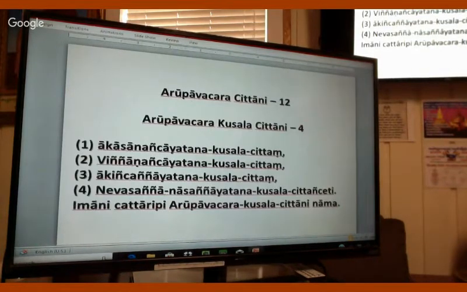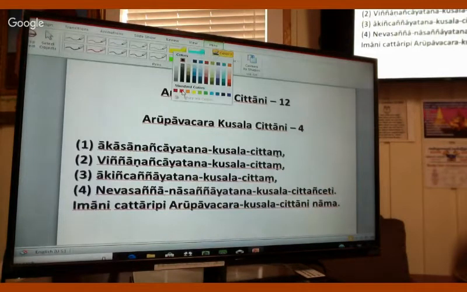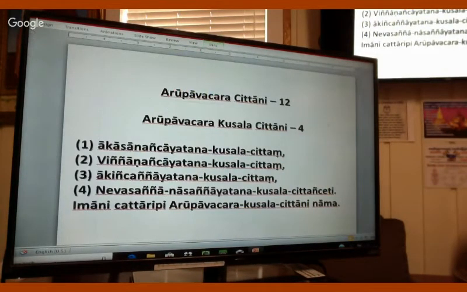So first we need to remember the names of the Arupavachara Chitta. The names are very long and difficult, because the Pali puts the object and other things together, so the name is too long. The first Arupavachara Chitta is Akasanancayatana Kusala Chitta.